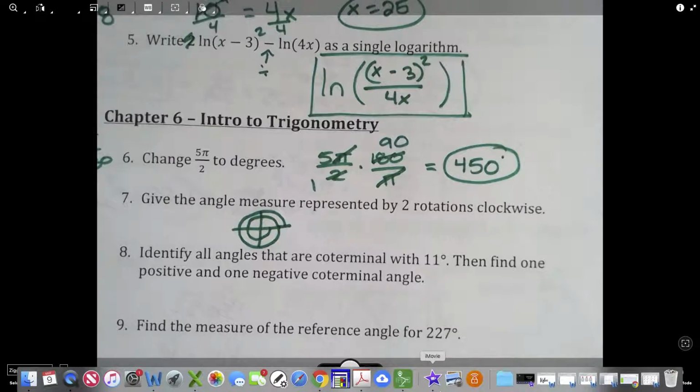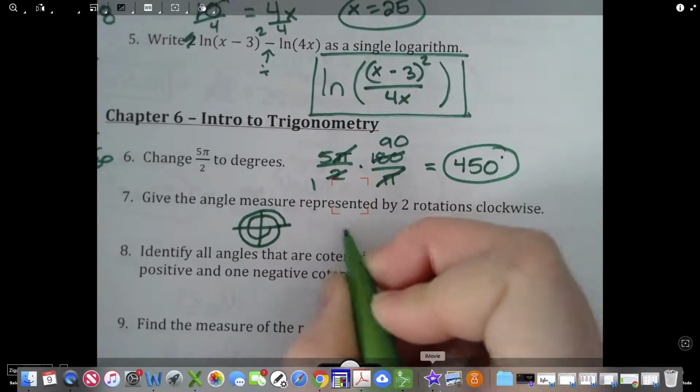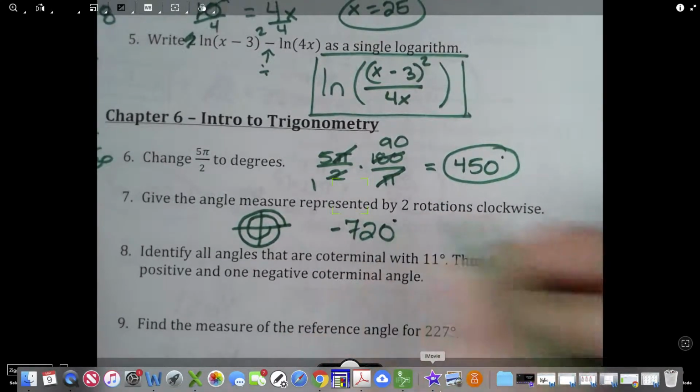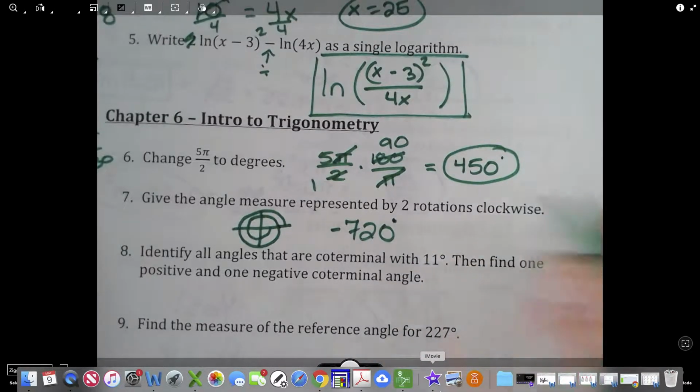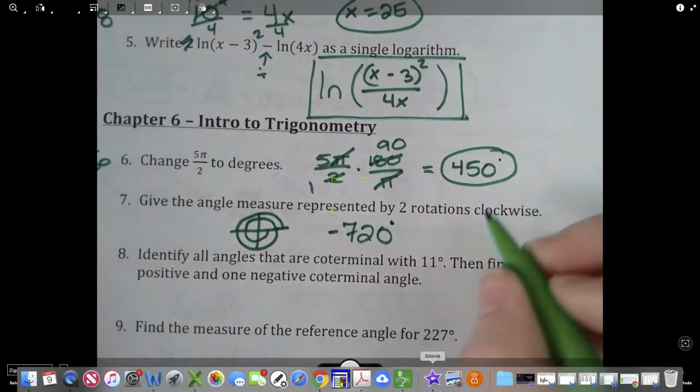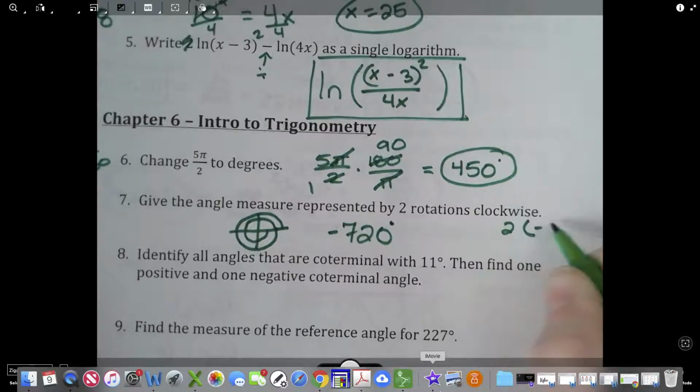So what's 1 rotation clockwise? 360, but it's clockwise, so it is negative 360. So 2 rotations would be negative 720 degrees, right?